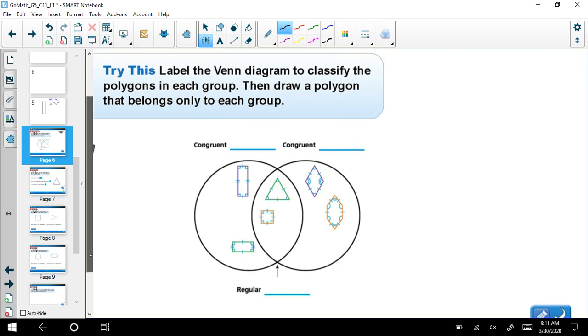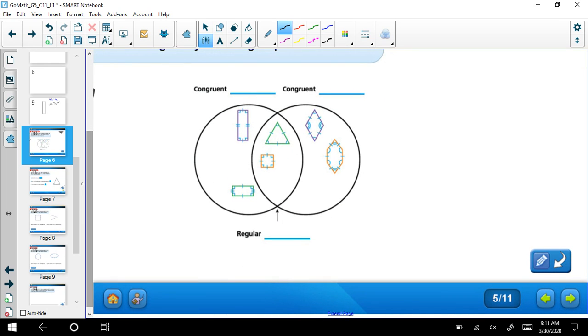Here's a nice little Venn diagram that puts this all together for us. It's kind of tricky to see, but on the left-hand side, we have congruent angles, and one little sign that we can use for that is just a little angle arc.